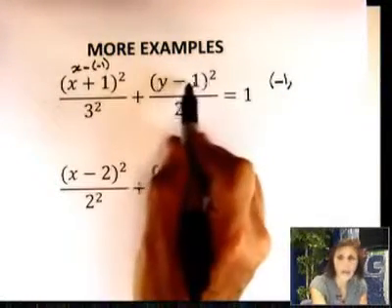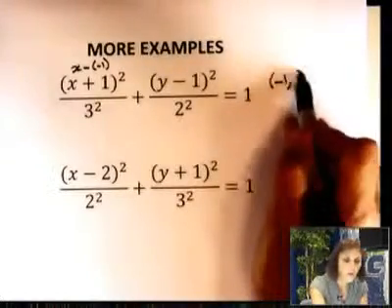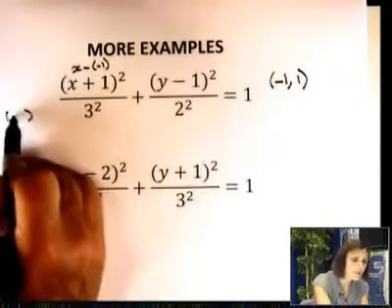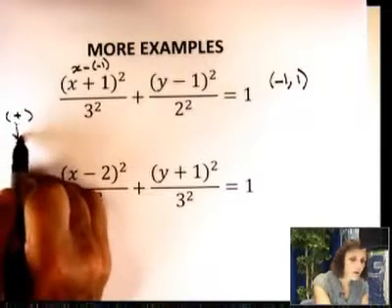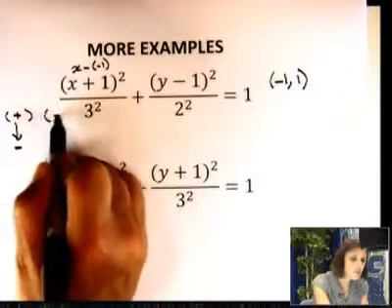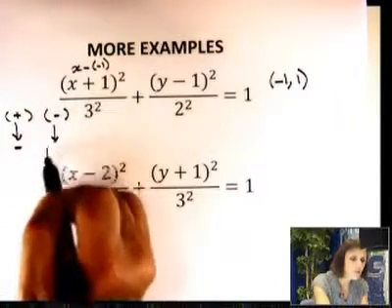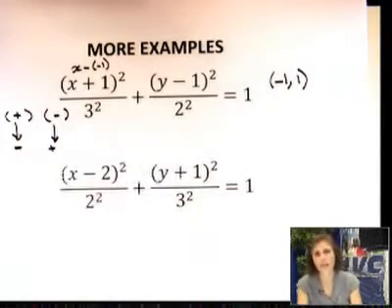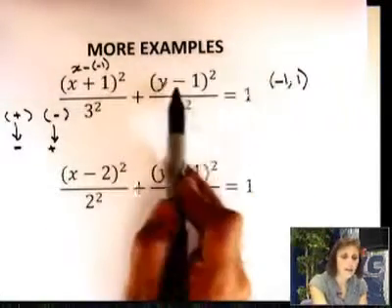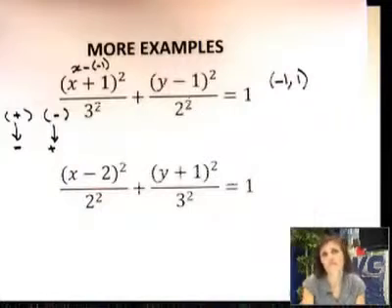This one doesn't have a plus at 1. So one way to remember, when you see inside the parentheses a plus, your coordinate is going to have minus. When you see inside the parentheses minus, your coordinate is going to have plus. That's how it works out. You either think of it like that, plus, so that's going to be minus, minus, that's going to be plus.